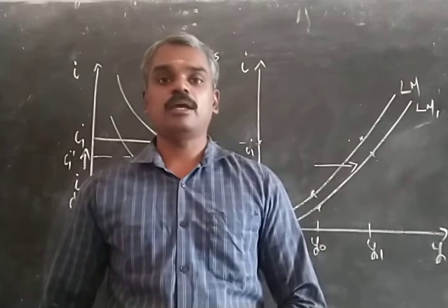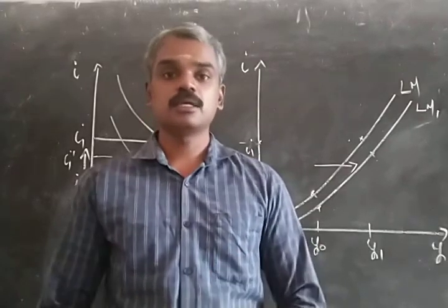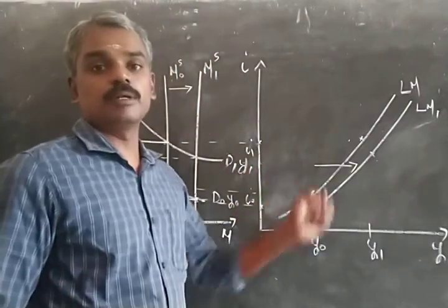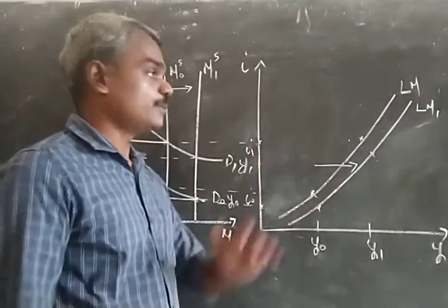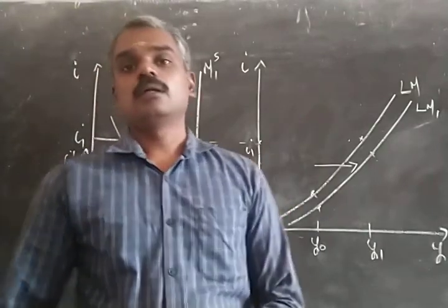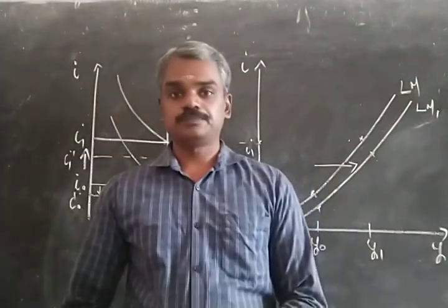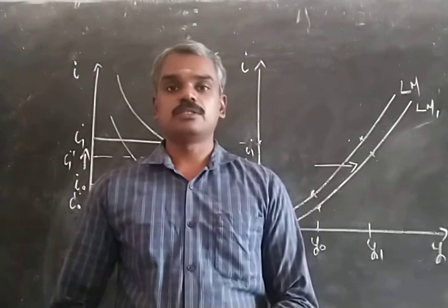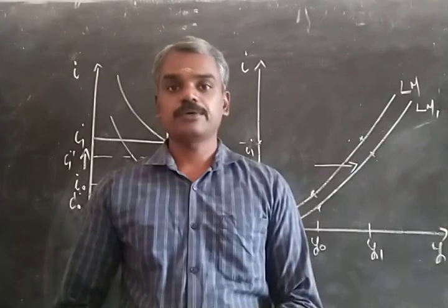If demand for money has to fall, then interest rate will have to rise. So at each point, interest rate will be higher, and the new equilibrium in the money market will be given by a higher, leftward shifted LM curve. So this is how an LM curve shifts due to a change in the money stock. Okay, thank you.